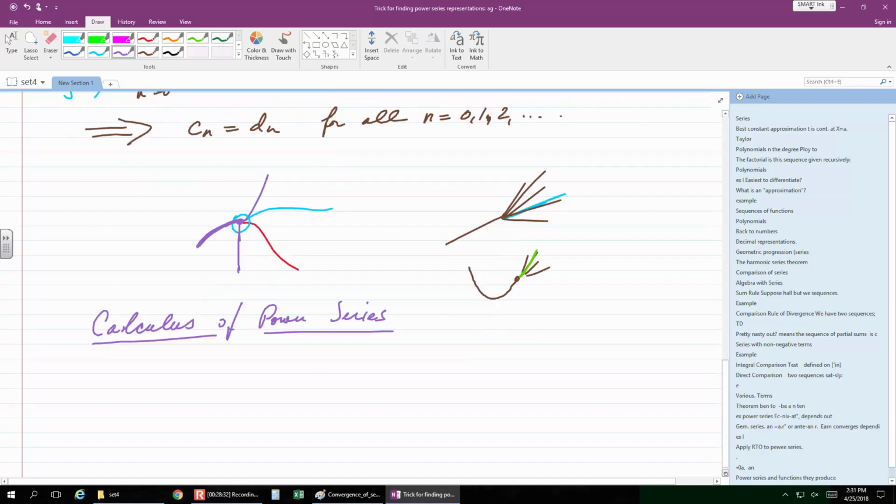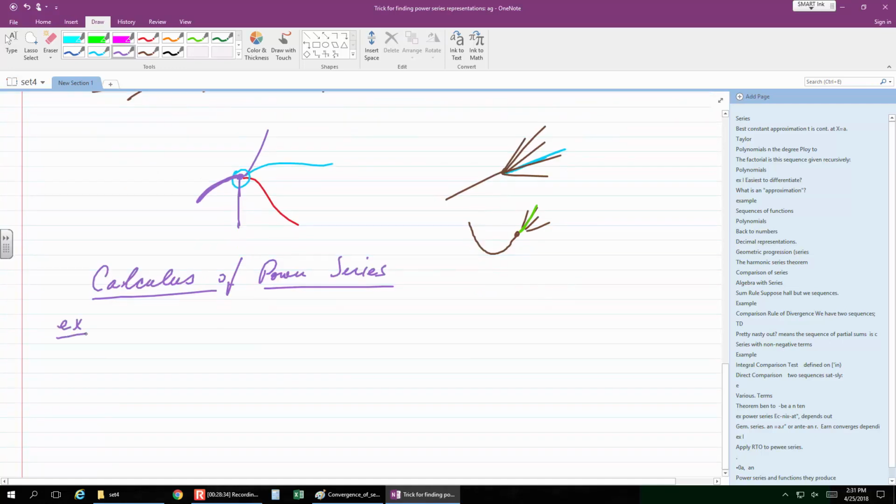Let me just give you an example of how calculus of power series works out. I start with my power series of the exponential function, and what if I differentiate it? So suppose we don't know about the derivative of the exponential function.